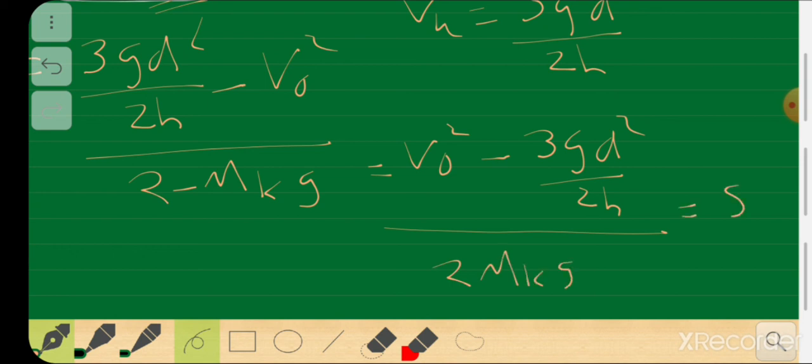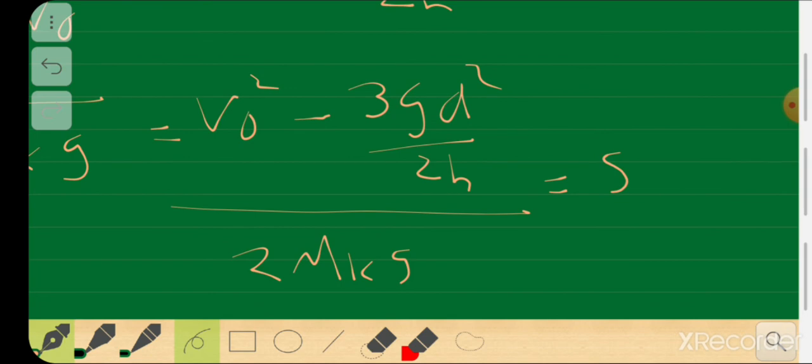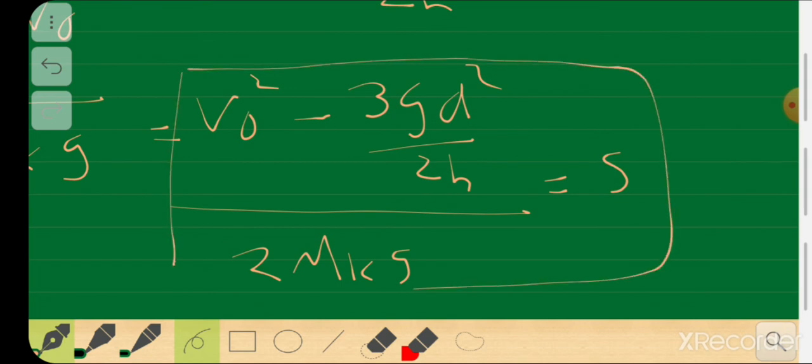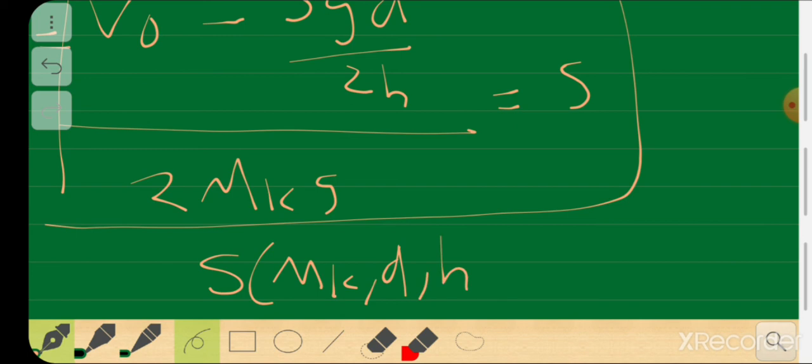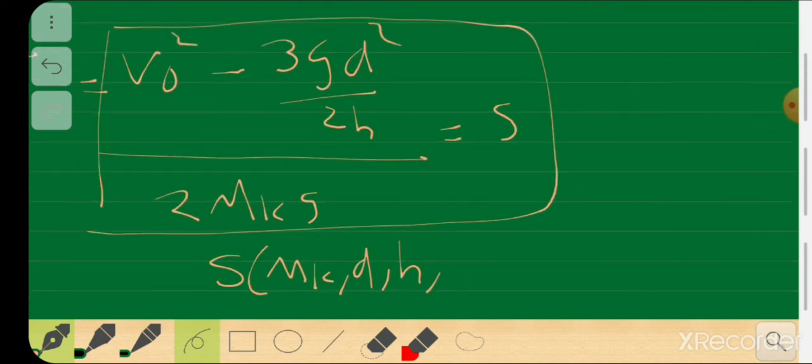So we have found the equation for s, the distance, in terms of mu k, d, h, and v0. This was very simple.